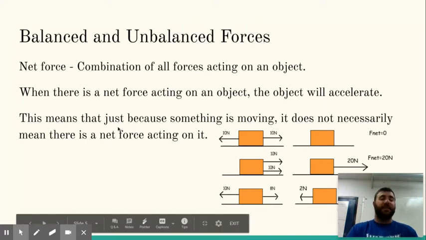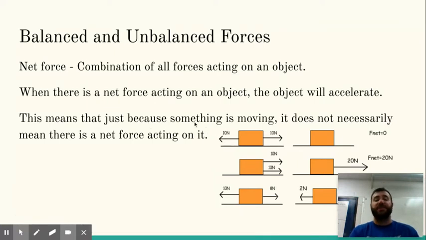But this also means that just because something's moving, it doesn't necessarily mean there's a net force acting on it. If you are going in a straight line down the interstate, traveling at a constant speed, with your speedometer set to 70, the net force is zero.